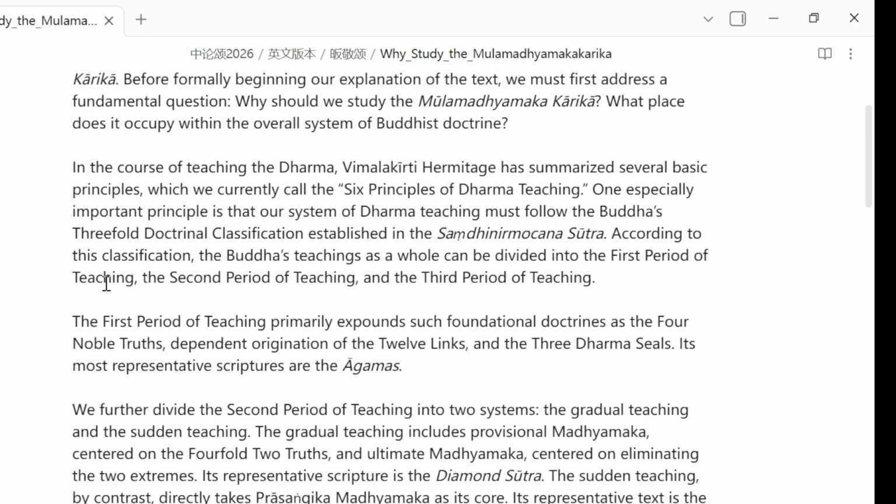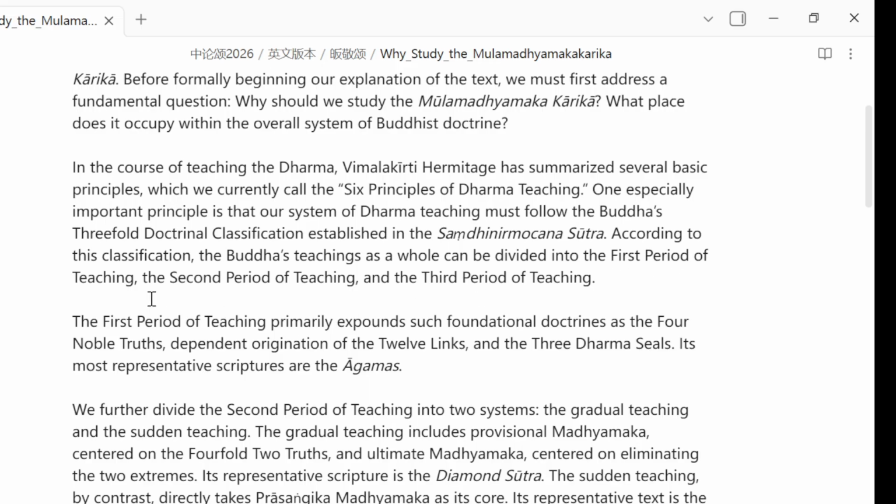One especially important principle is that our system of Dharma teaching must follow the Buddha's threefold doctrinal classification established in the Samdhinirmocana Sutra.